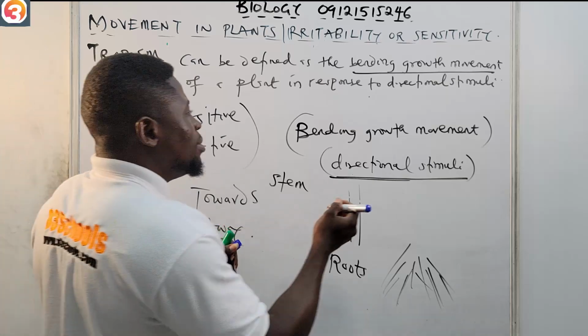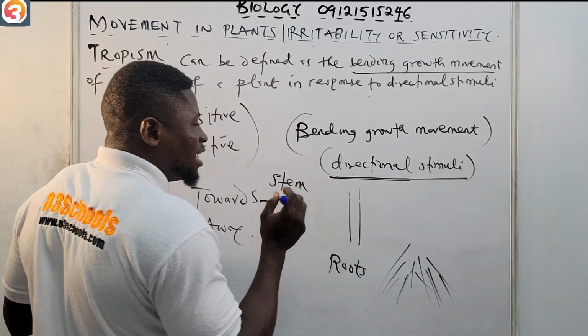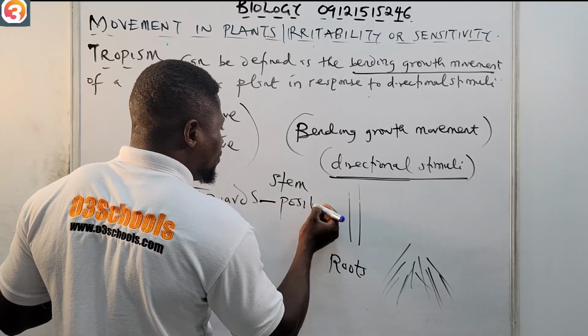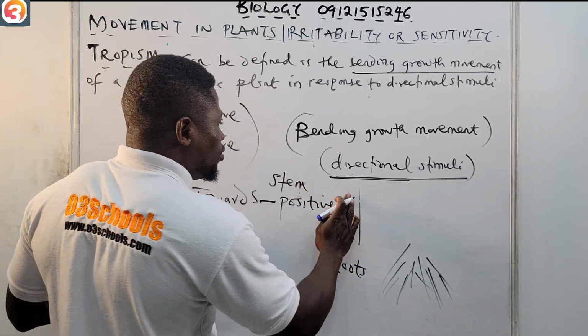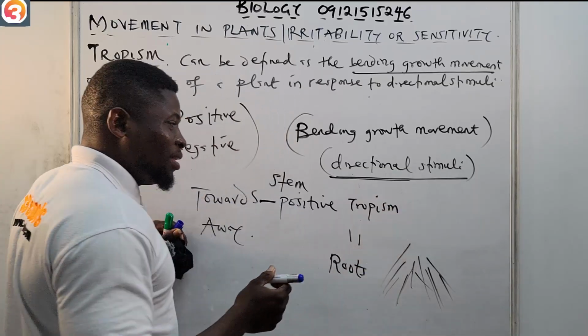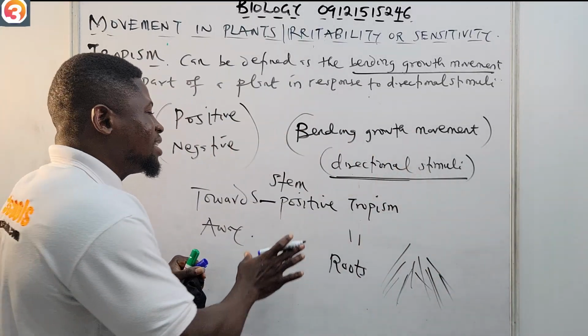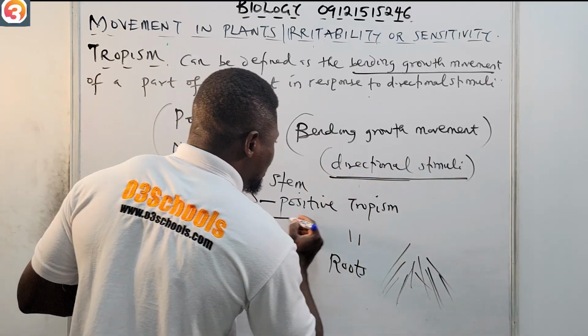If the bending growth movement goes towards the direction of the stimuli, we call that a positive tropism, or positive response, because it's moving towards the direction of the stimuli.